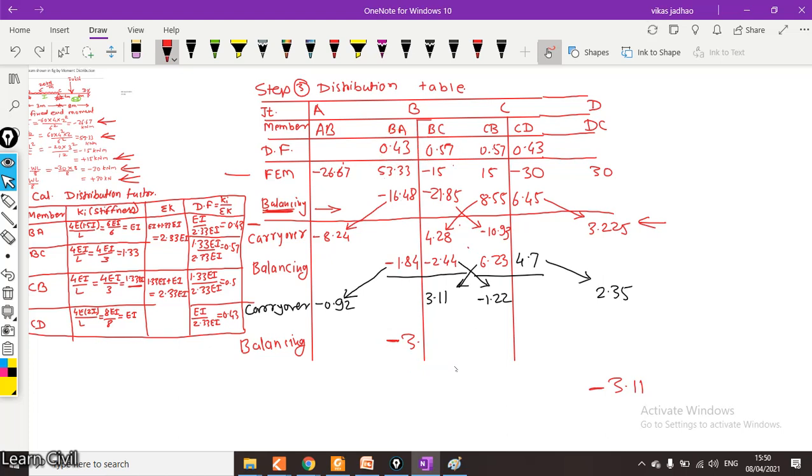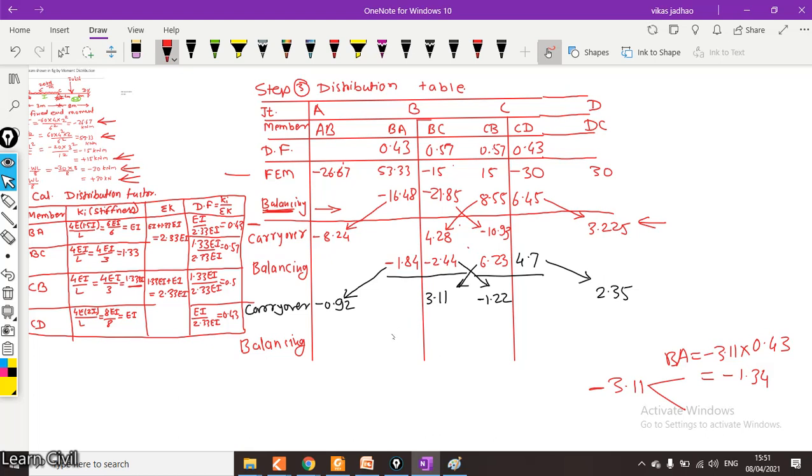So for BA, this minus 3.11 will be distributed as minus 3.11 multiplied by the distribution factor of 0.43, which is equal to minus 1.34.